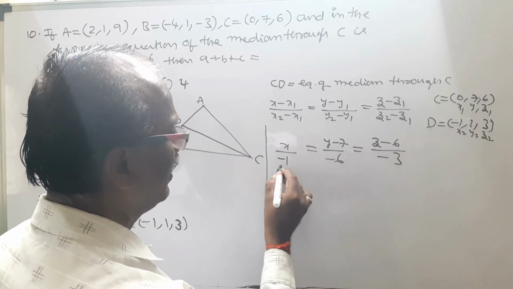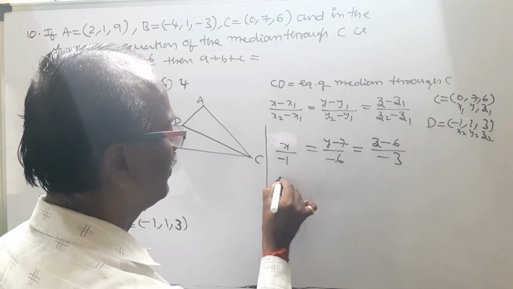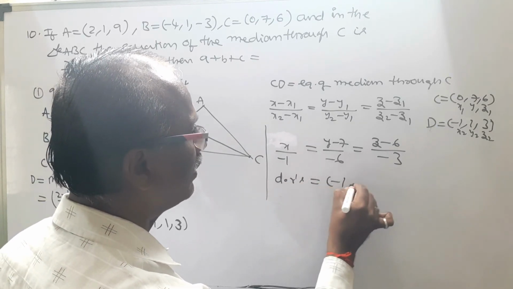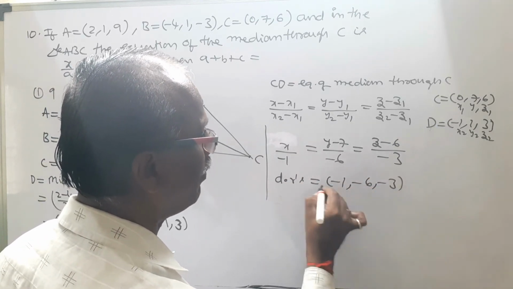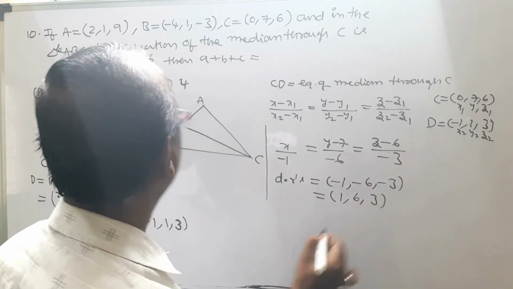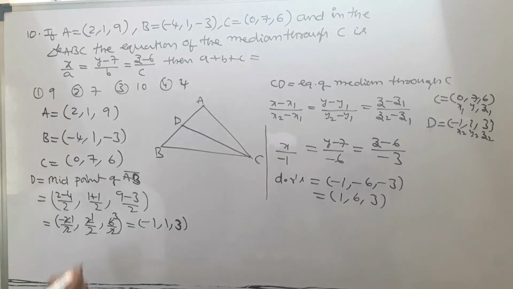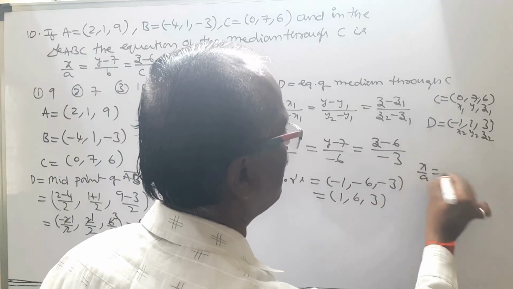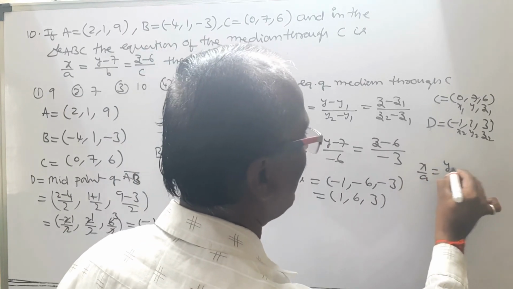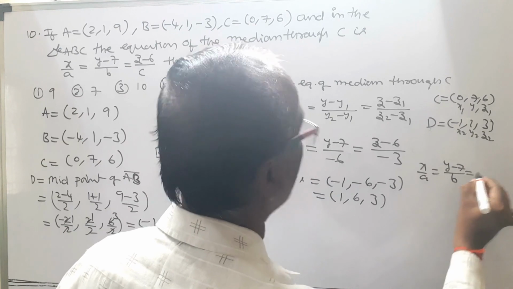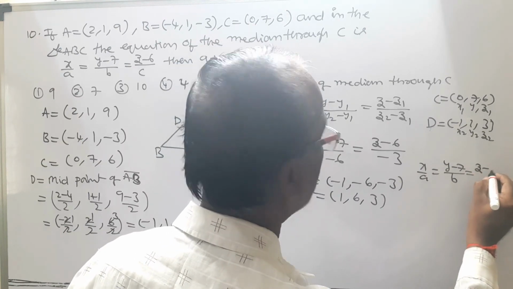These are the DRs of the given line: minus 1, minus 6, minus 3, multiplied with minus 1, gives 1, 6, 3. Here the given equation is x by a is equal to y minus 7 by b is equal to z minus 6 by c.